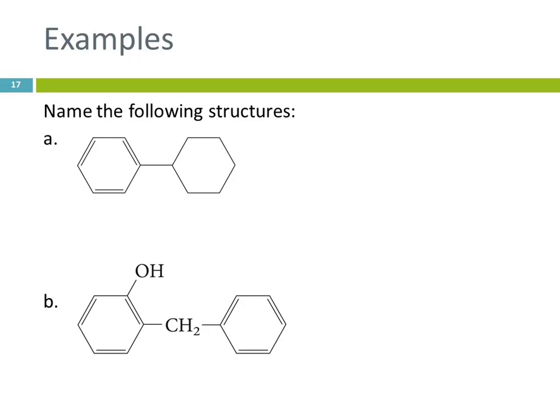Oh, more. Fabulous. Okay, what about this guy? What are the two pieces here? What's this guy? It's a benzene ring that's attached to something, so we could name it as phenyl. And what's this guy?